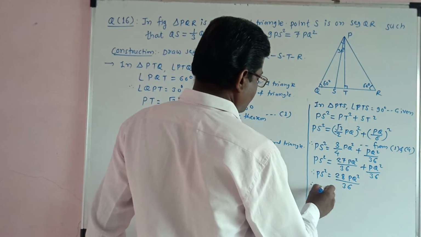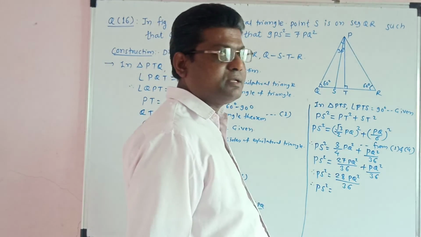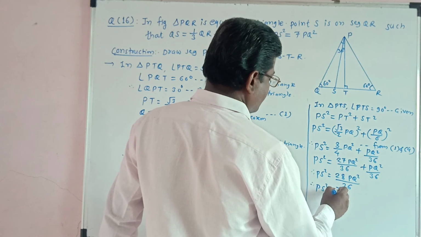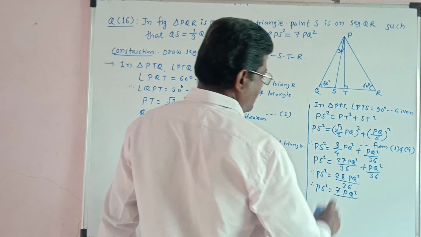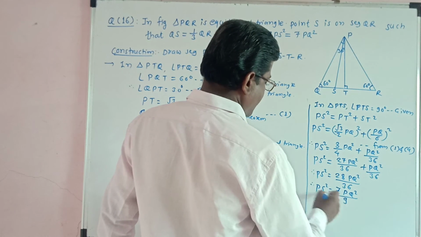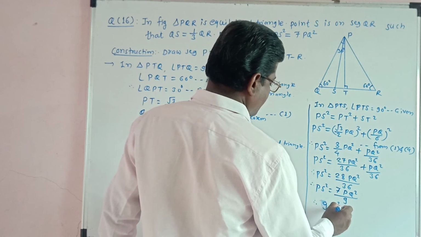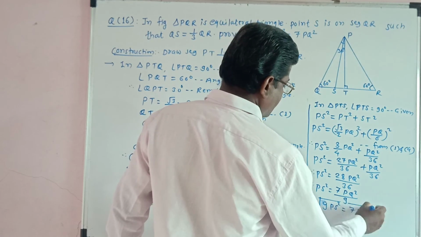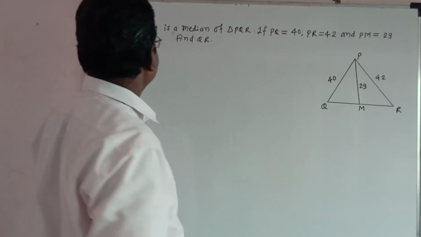Divide 28 and 36 by 4. So 4 sevens are 28, so 7 PQ square, and 36 divided by 4 is 9. Therefore 9 into PS square is equal to 7 into PQ square. This is proved here.